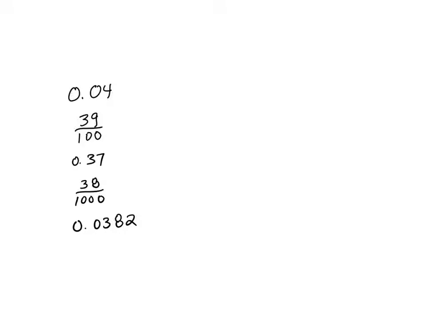And it is certainly easier if I have everything written as decimals. So I'm going to rewrite the fractions as decimals. I have 39 hundredths. 39 hundredths written as a decimal is 0.39. 38 thousandths written is 0.038.